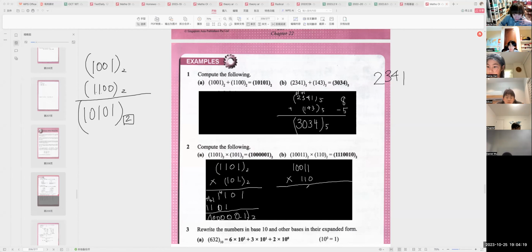So just put 1 times 1, so it's 11001, and add a 0 on top. And another one, so it's 11001. Correct? So 0100111, so 1110010.